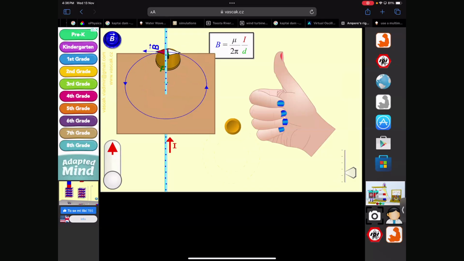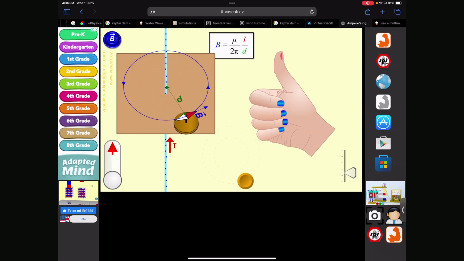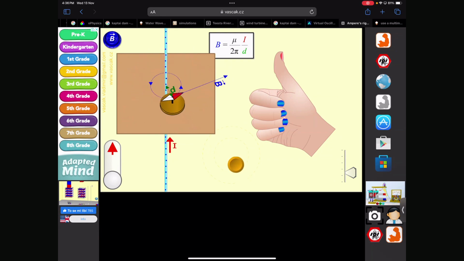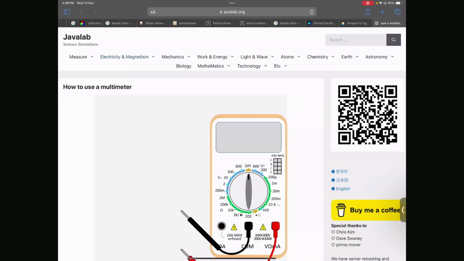Anti-clockwise, right? So do you see it's anti-clockwise? And you'll find the closer I come, the B arrow becomes bigger, and the further I go, the B arrow becomes smaller, because that B represents what? Magnetic field strength, right? So that's basically the idea, and it's called the right hand grip rule. So that's one thing that we saw.